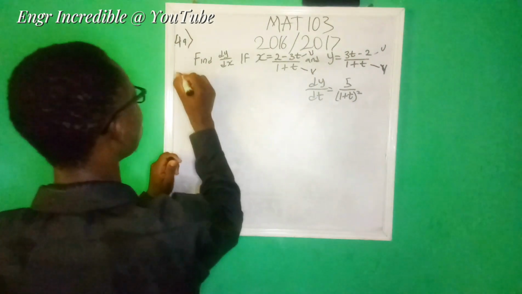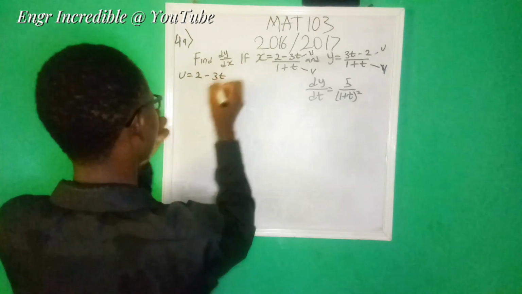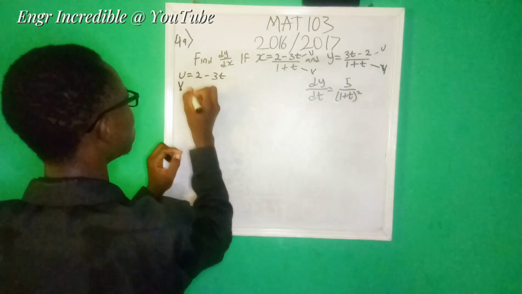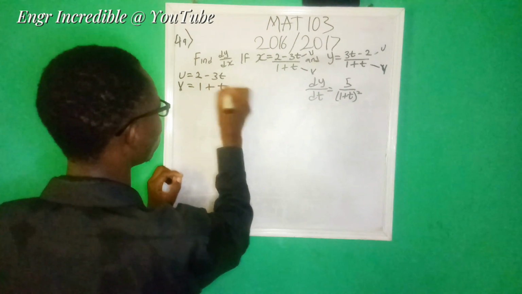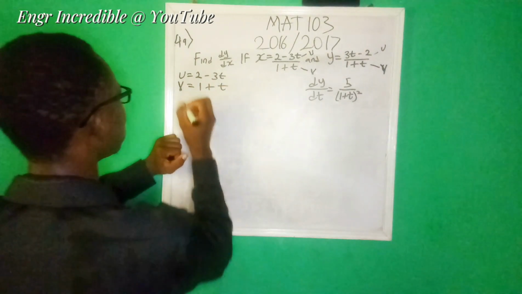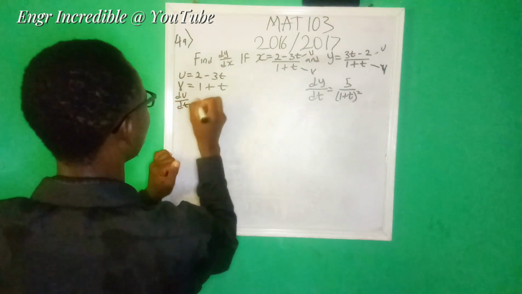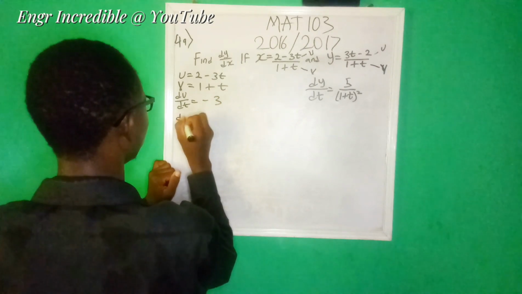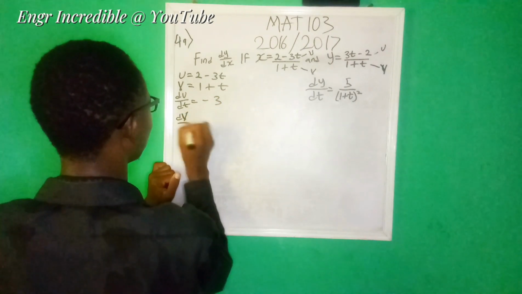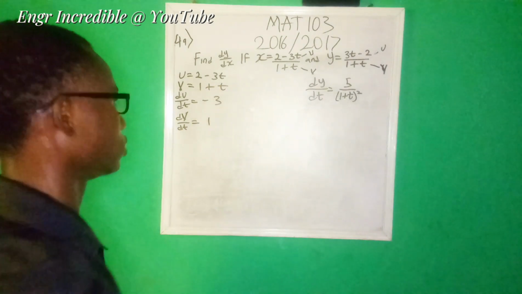So u is equals to 2 minus 3t and v is equals to 1 plus t. Then our du dt is equals to minus 3. Our dv dt is equals to 1 here.